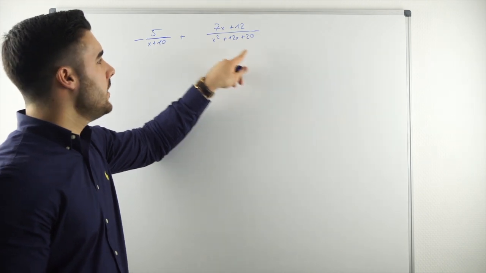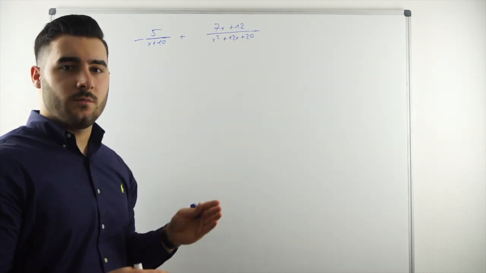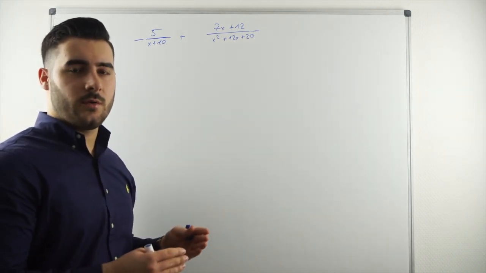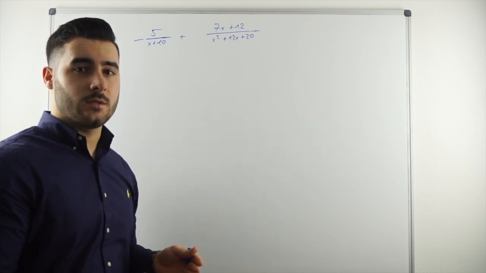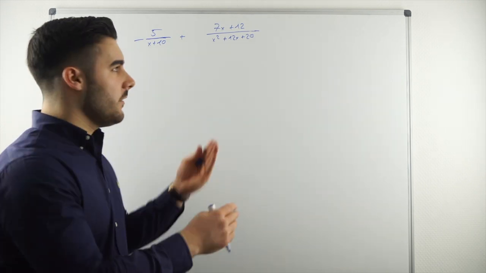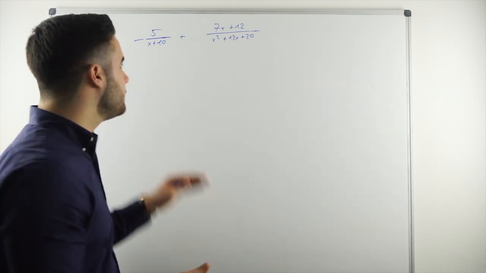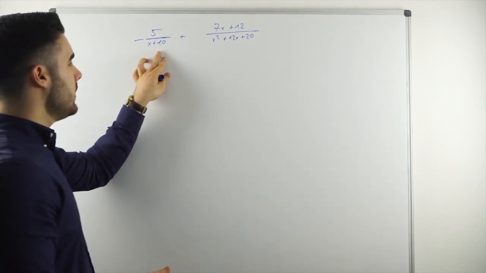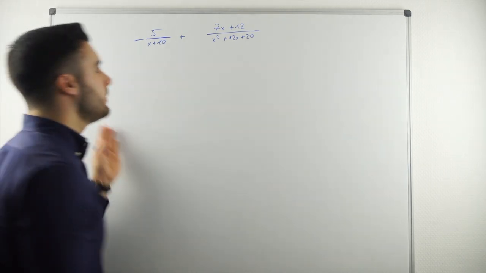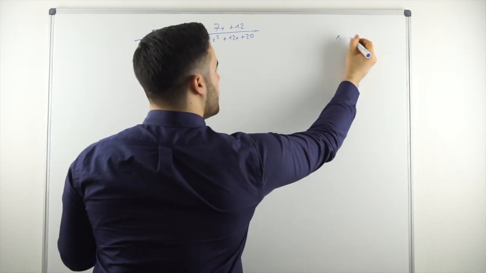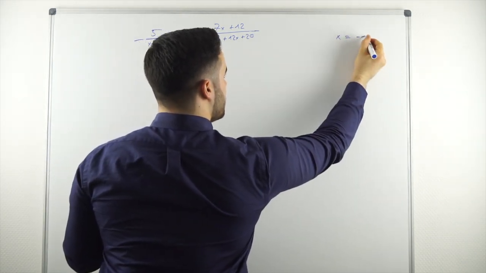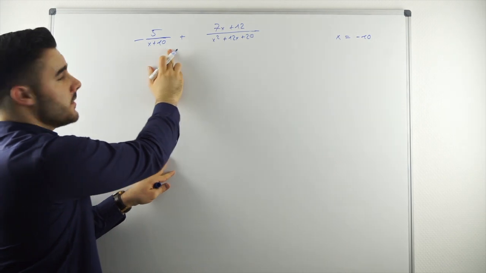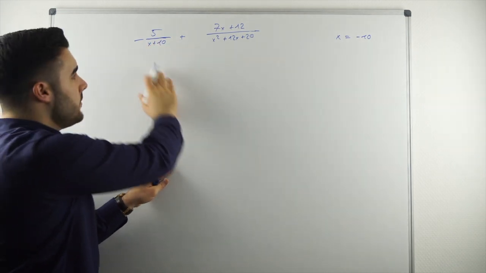However, if you know that, you can do some changes to the fractions and rewrite them. You will see after I'm done. First of all, the root of x plus 10 is pretty simple. It is x equal to minus 10, because minus 10 plus 10 is 0.